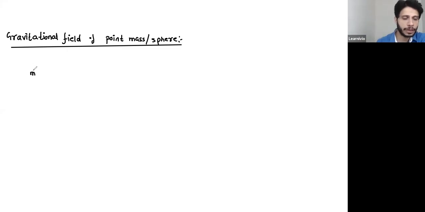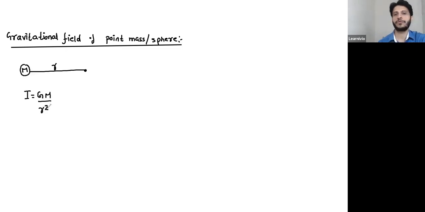So you have a point mass, capital M, and you want to calculate the field at a distance r. So at a distance r, the expression of field is GM by r square. This is the expression of field for a point mass.